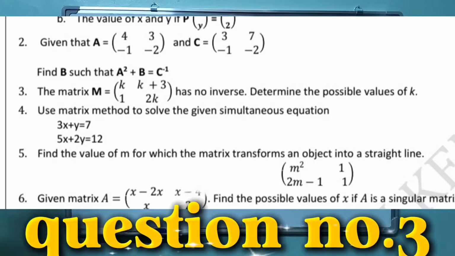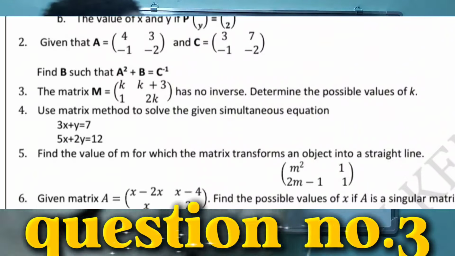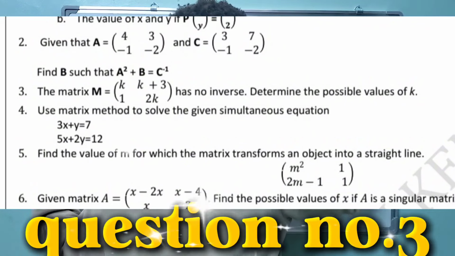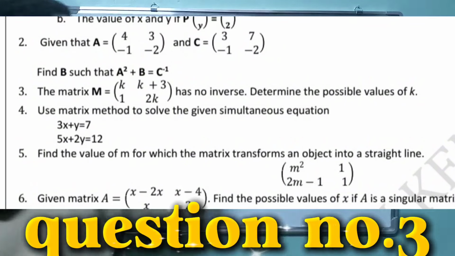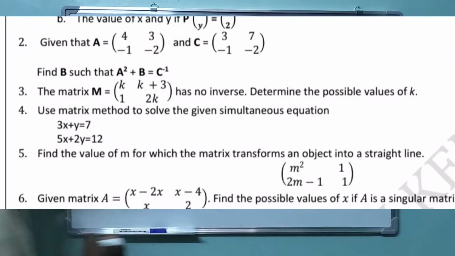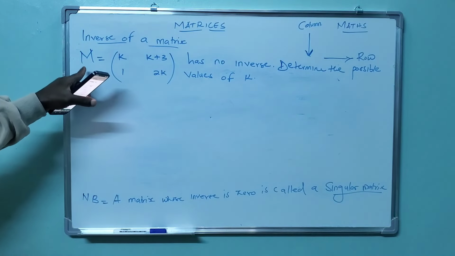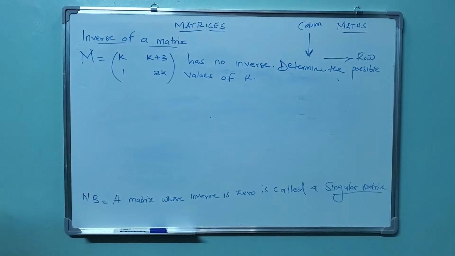Then you're being told, determine the possible values of K. Now, how are you going to get the value of K? Remember, you've been told in that instance, matrix M does not have an inverse.